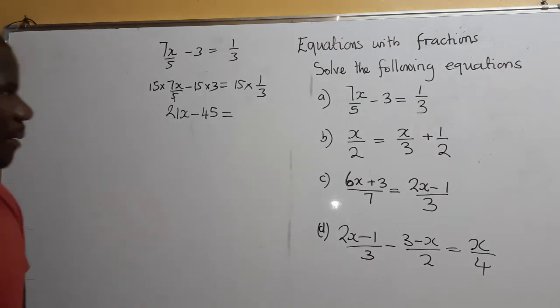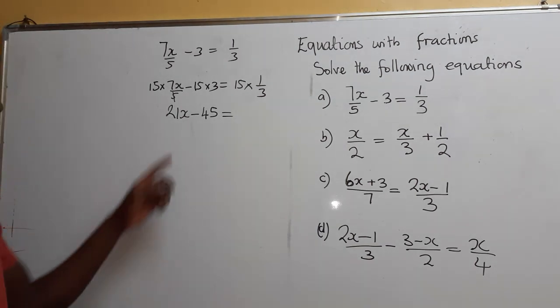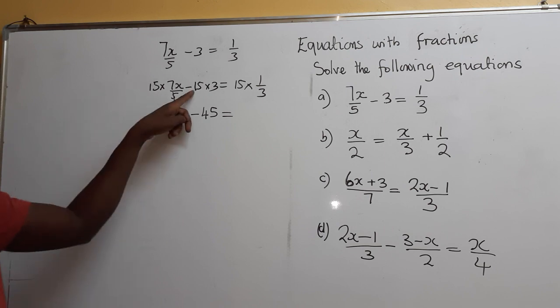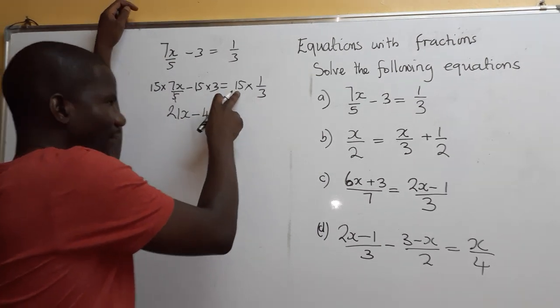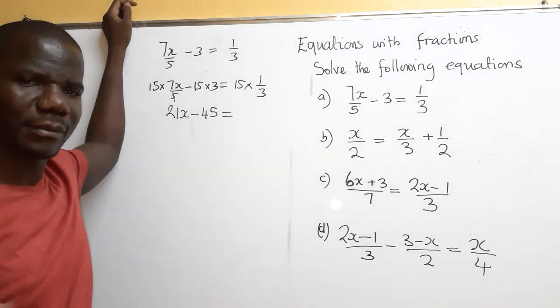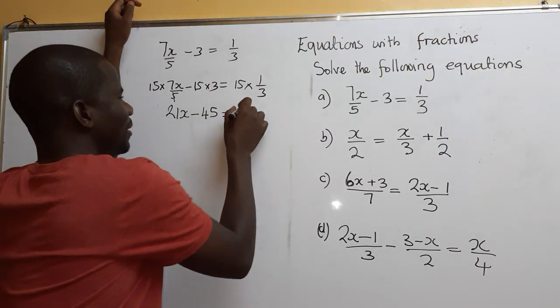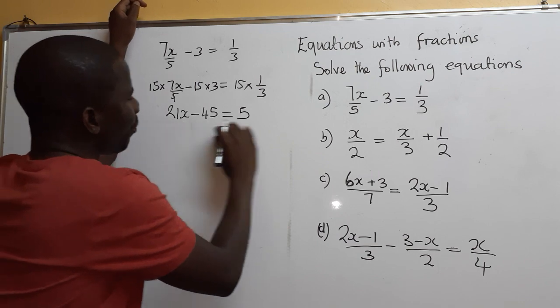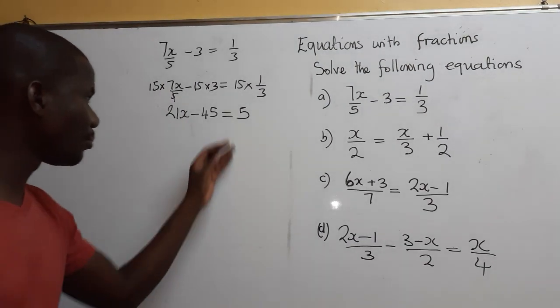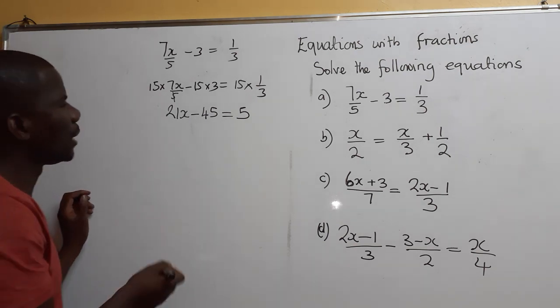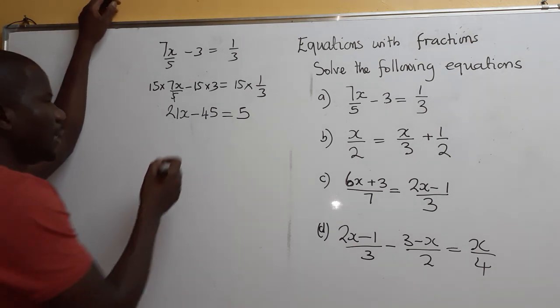I'm sure you still remember that. Then 3 into 15 is 5. So at this point, we no longer have the fraction, and we can go on and solve this as an equation.